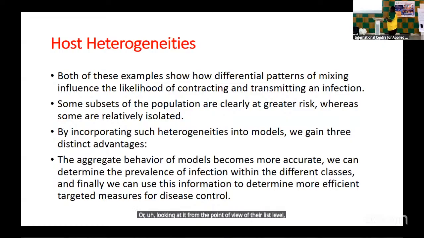The other one is that we can determine the prevalence of infection within the different classes. You know what we mean by prevalence now: the total number of both old and new cases of infection at an instant of time. And finally, we can use this information to determine more efficient targeted measures for control.